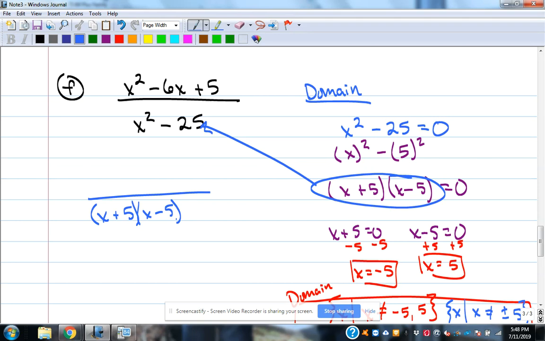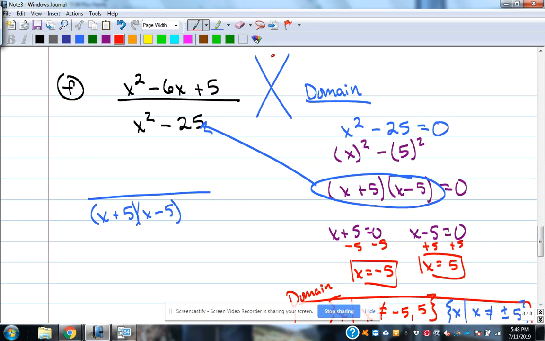When I go to factor it, I look at all the rules. Rules of factoring: descending order, it's already there. I look for a GCF across the whole problem. There's not one. And then I say, okay, there's 3 terms, so that tells me to use the X method for factoring that.